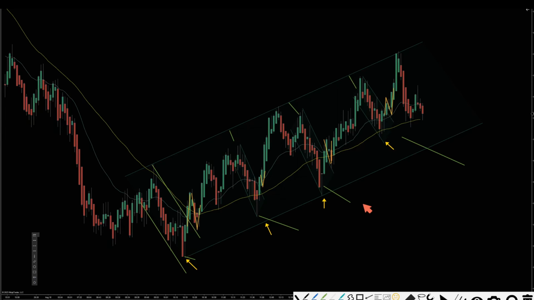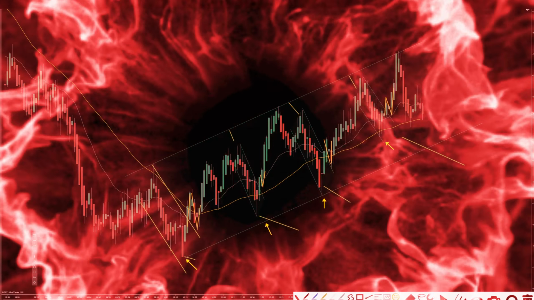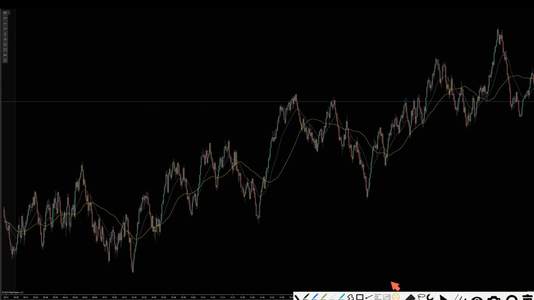I usually enter my trades with the 800 tick chart, so I want to show the 800 tick chart. So this is the 800 tick chart. When we look at it, we can see the down channels.